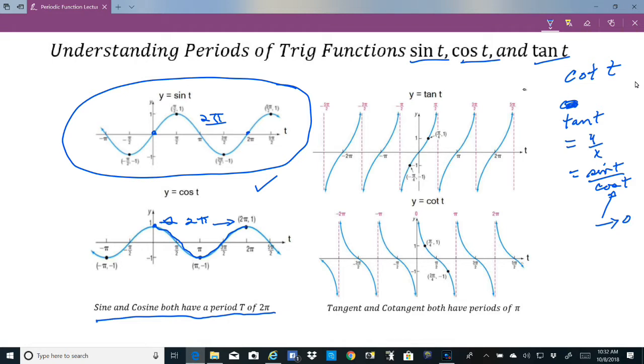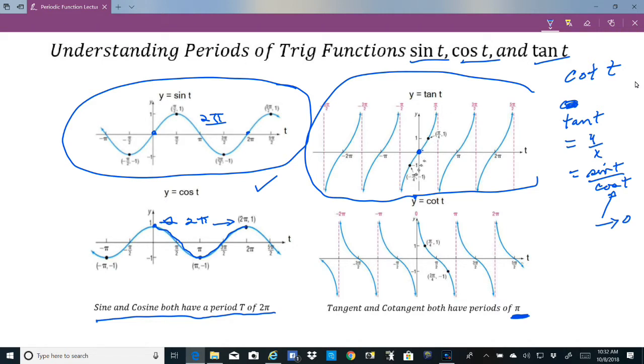So now, as we graph this, we see one thing: the period is 2 pi. I'm sorry, it is pi. It's not 2 pi. So for tangent and cotangent, the period is pi. You will see, for instance, that the tangent is 0 at t equals 0.